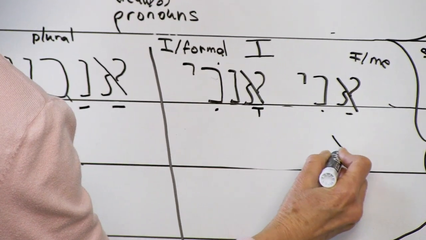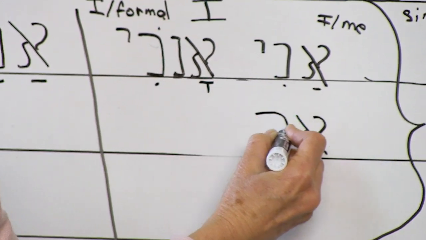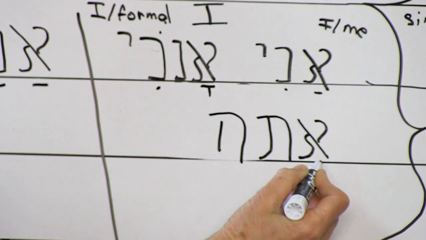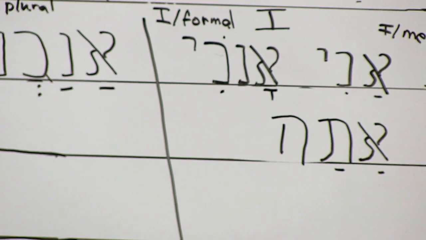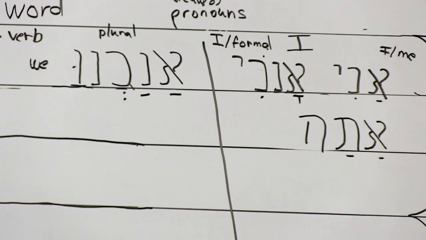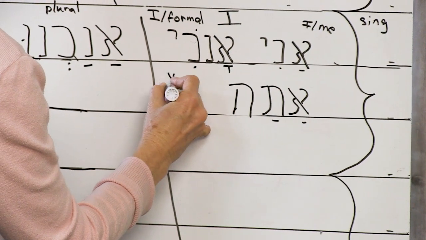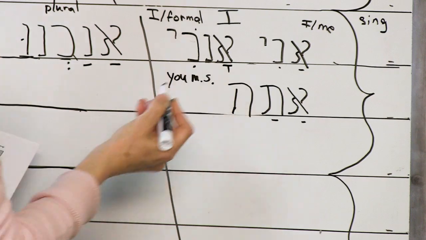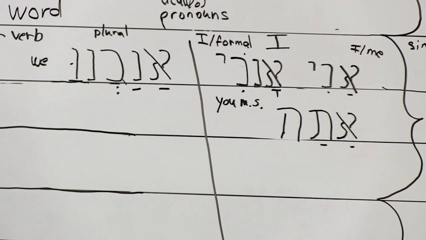All right. Then masculine, you singular, is ata. Okay. So that's you, masculine, singular. Do I need to write down the English word?